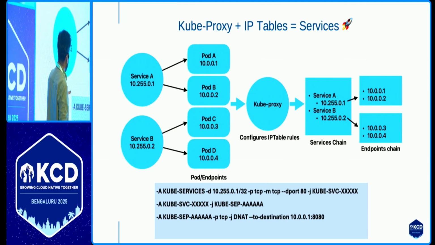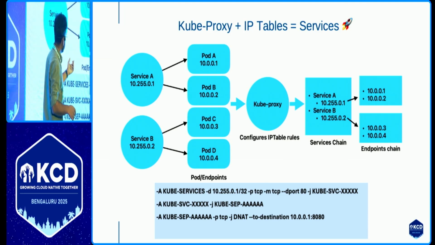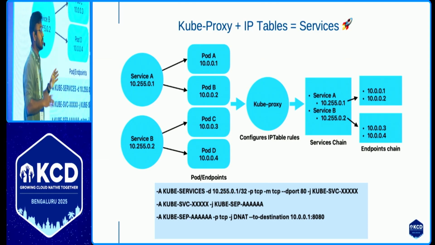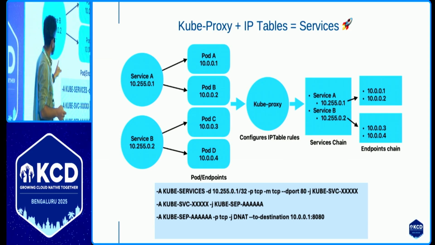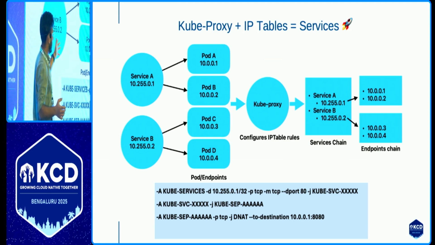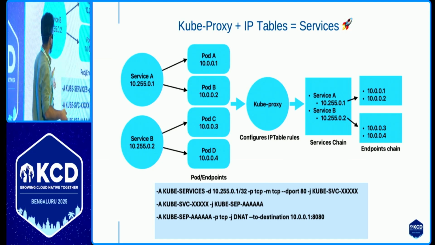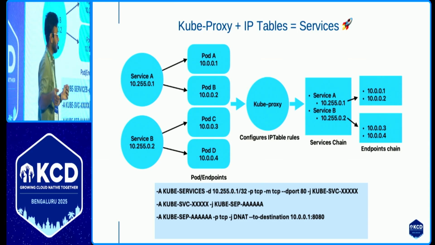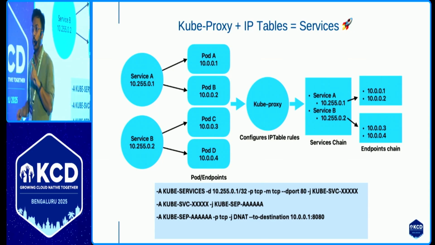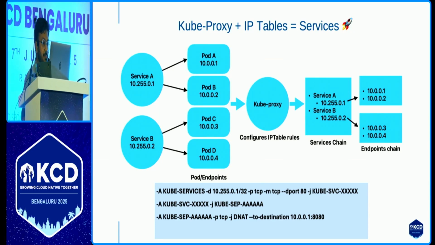So in this example, IPTables adds a rule in the Kube services chain for your destination IP 10.255.0.1, which is the cluster IP of service A. Any network packet destined for 10.255.0.1, service A's cluster IP, protocol TCP at destination port 80, is routed to a service-specific chain, from where it is again routed to an endpoint-specific chain, and finally destination NATed to our pod endpoint.